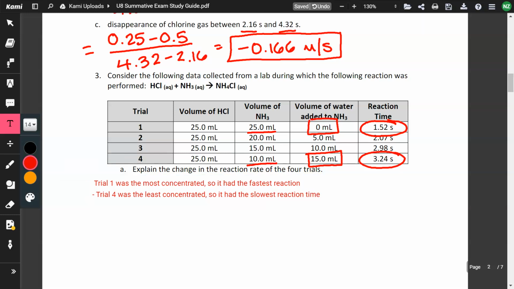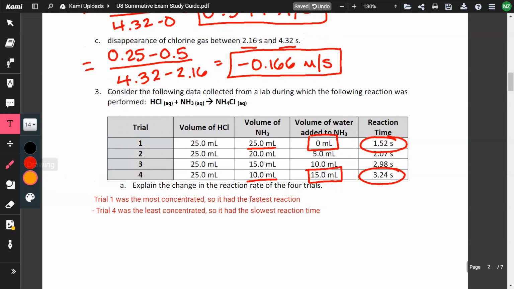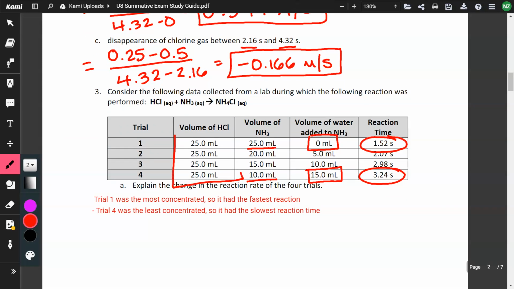So again, if you look at the volume of HCl, it's the same for all 4 trials. The only thing that changes is the concentration of NH3. The first trial, we're not adding any water to it. It's not dilute at all. Trial 4, there's more water than NH3, so it's really dilute. So that's why it has the lowest concentration.